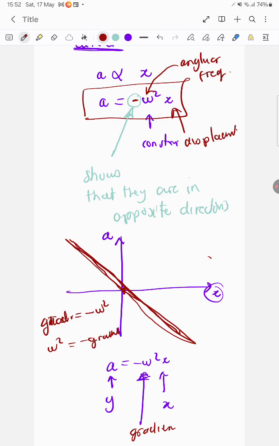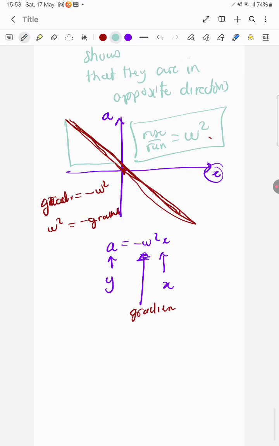But of course, in your physical working, you don't need the negative sign. You just do rise over run, and that will give you omega squared. It's really important to remember that rise over run gives you omega squared.